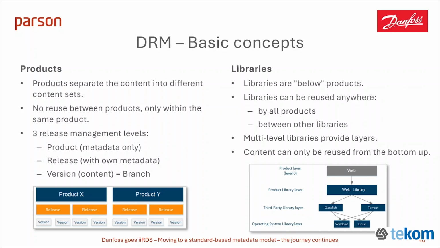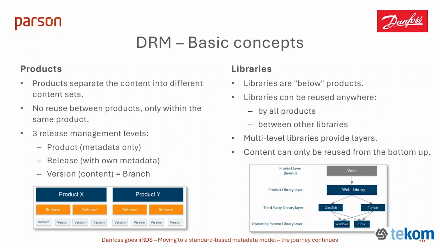And we have the possibility then to use these branches from IXIASoft. So the libraries are below the products. We have the products and then the libraries. These are the top levels here. The libraries belong to a product, and they can be reused anywhere by all products and between other libraries.